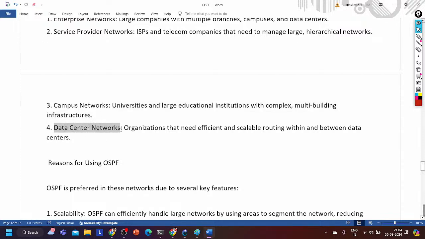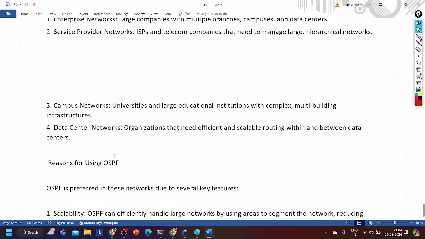Then in a data center, let's say you have 10,000 servers in one data center, or maybe you have multiple data centers, right? So there also you need a scalable and stable routing protocol. You will use a link state routing protocol there.